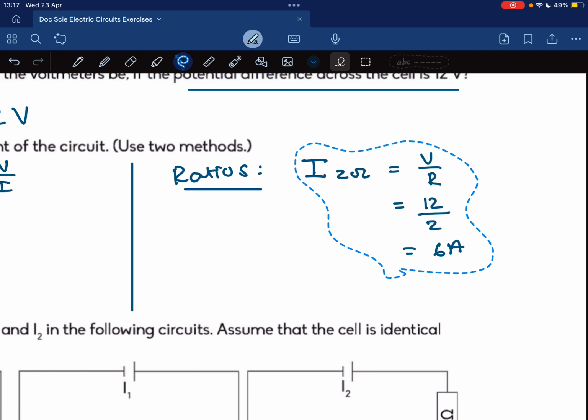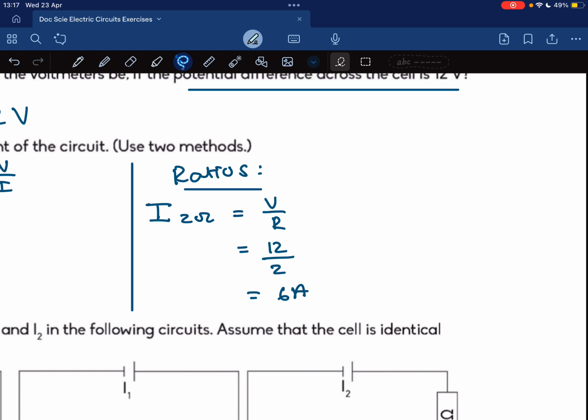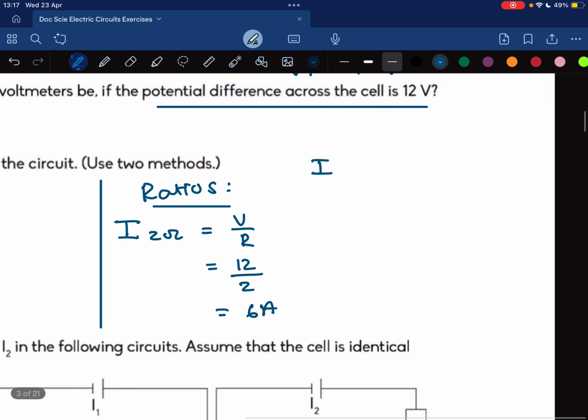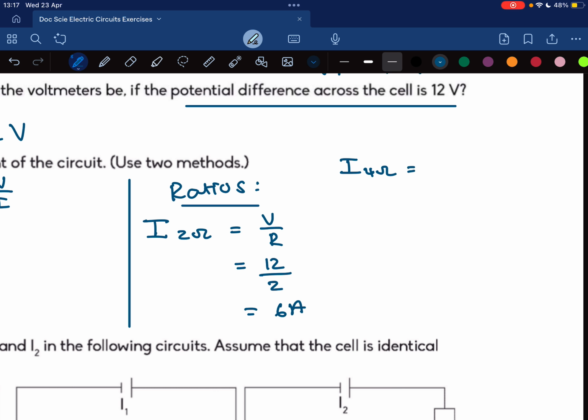So if I know that 6 amps flows through the 2 ohm resistor, then I calculate the current that's flowing through the 4 ohm resistor. So again, I can use 12 volts divided by the resistance, which is 4. So 12 divided by 4 is 3 amps. Now if I wanted the I total, that's the same as I1 plus I2, which is equal to 6 amps plus 3 amps, which is 9 amps.